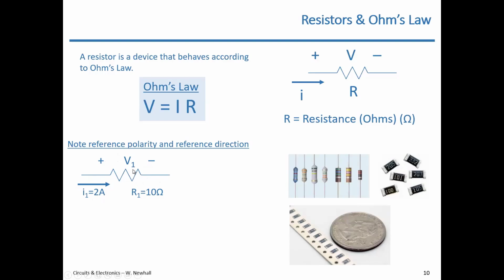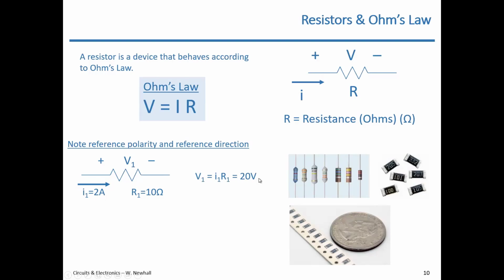This configuration of reference polarity and reference direction matches what I have drawn in the upper right for Ohm's law. I have the current drawn into the positive side of the reference direction for V. That matches this down here. So this is a straight application of Ohm's law. V1 equals I1 times R1, 20 volts.